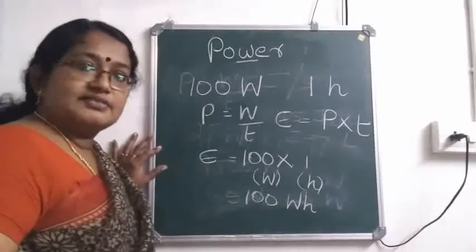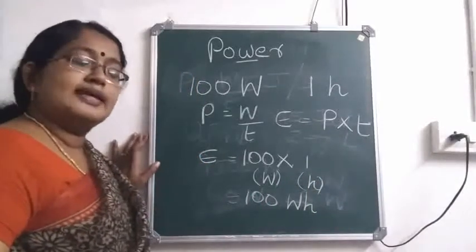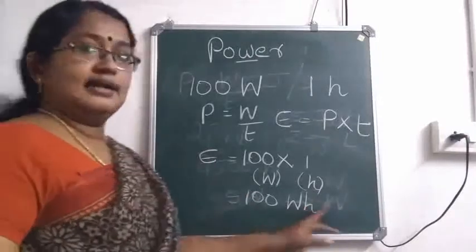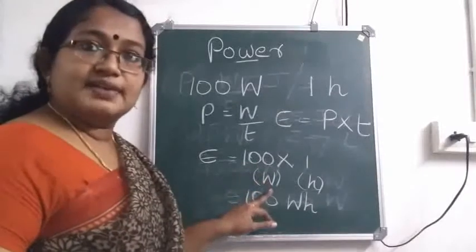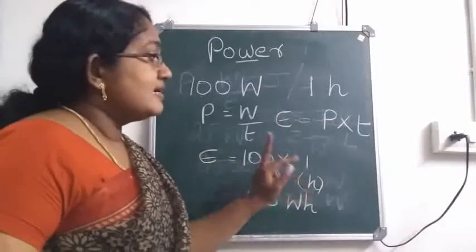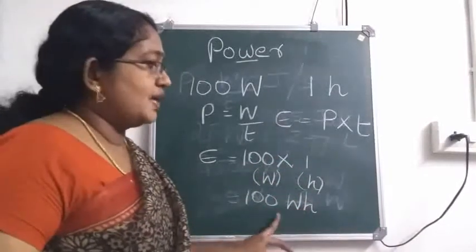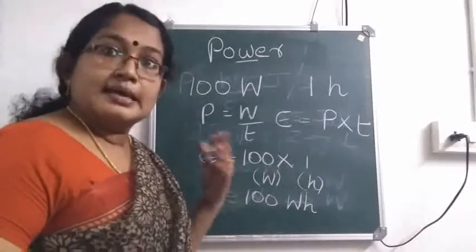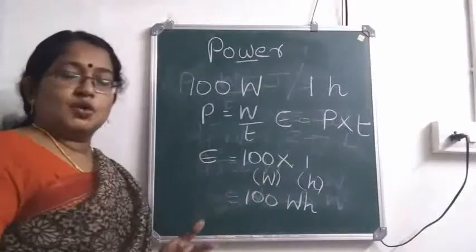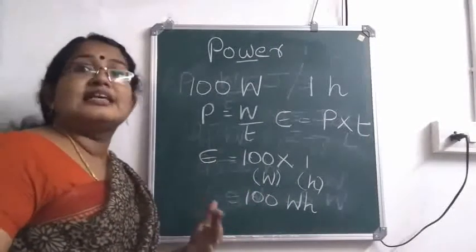Watt hour is a unit for electrical energy. If the power is given in watts and time is given in hours, you can say electrical energy in watt hour. Then in normal case, we need it in the SI system.